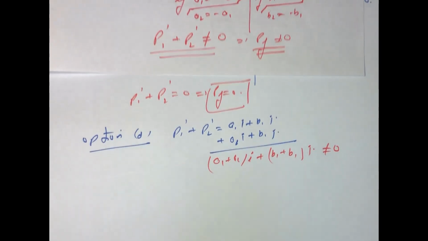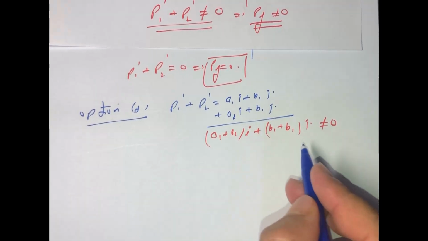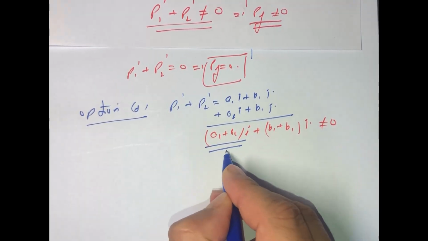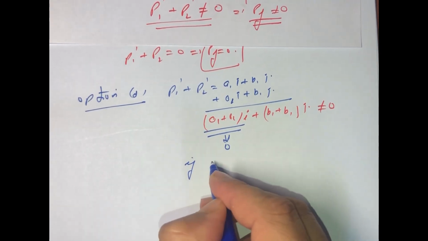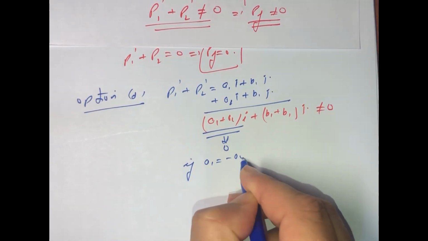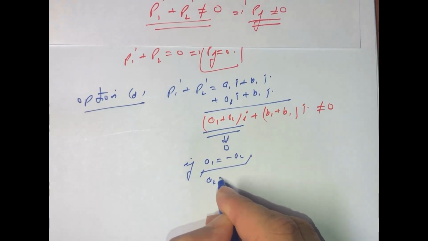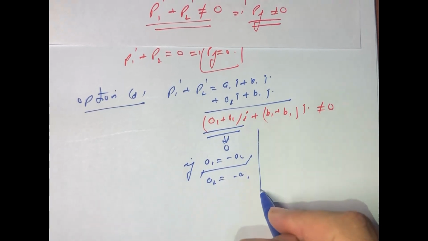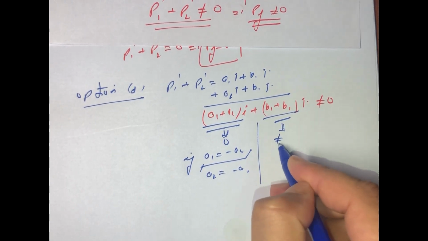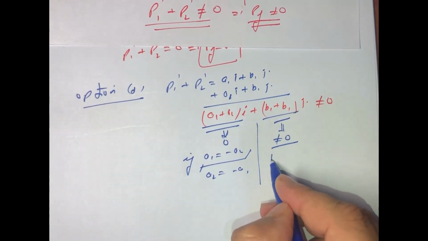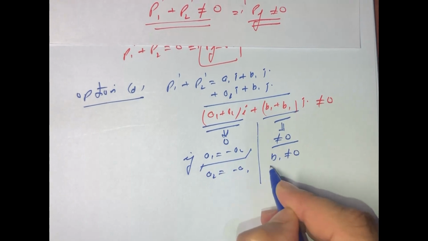Because this term can be equal to 0 under the condition that a1 is equal to minus of a2 or a2 is equal to minus of a1, but this term cannot be equal to 0 because b1 is given, it can never be equal to 0.